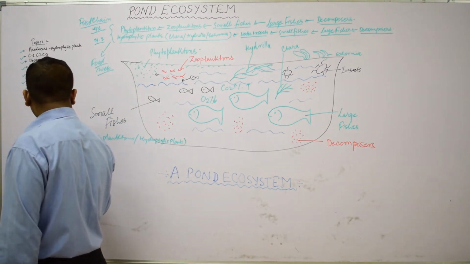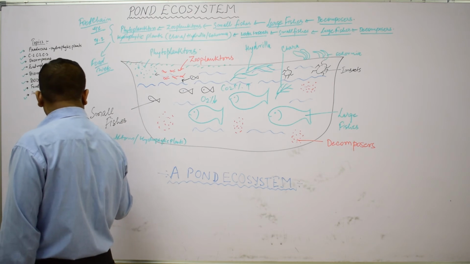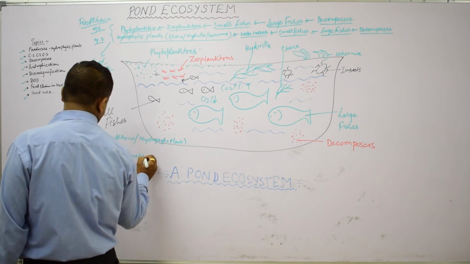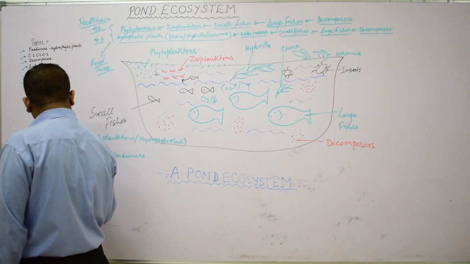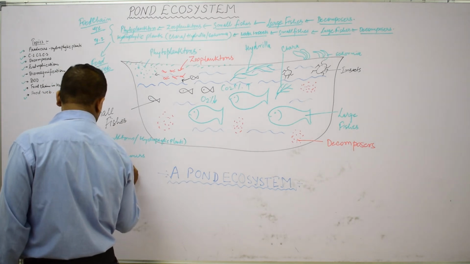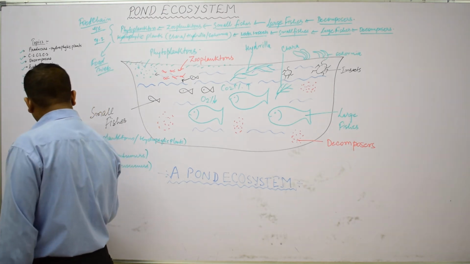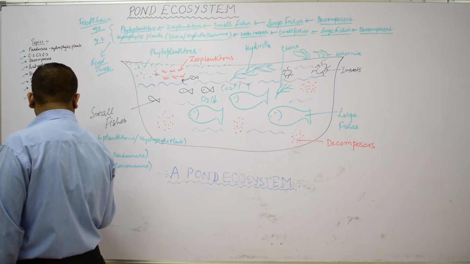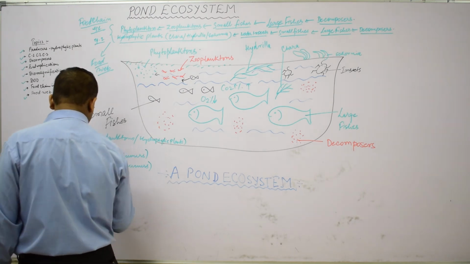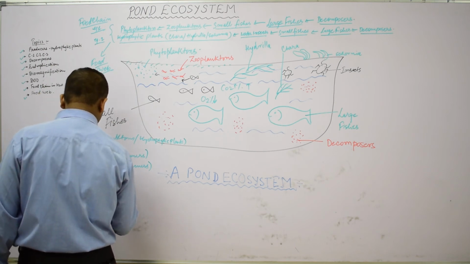In trophic level 2, we have the primary consumer, in trophic level 3 we have secondary consumer, in trophic level 4 we have tertiary consumers.